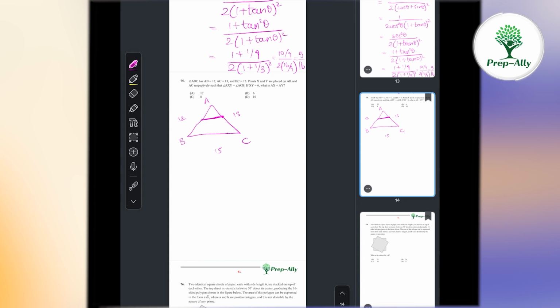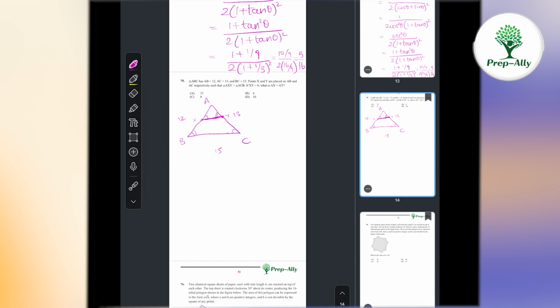Such that angle AXY is equal to angle ACB. So this is X and this is Y, and this angle equals this angle, right? And because it's a triangle and A is a common angle, this angle AYX should equal ABC, right?